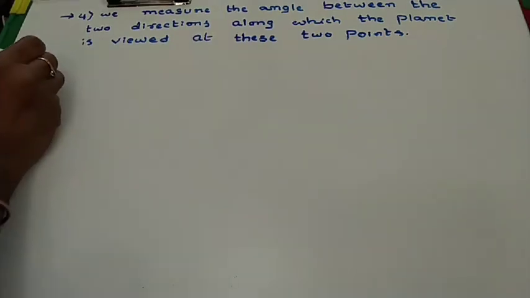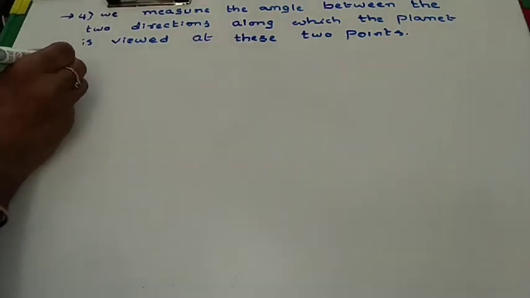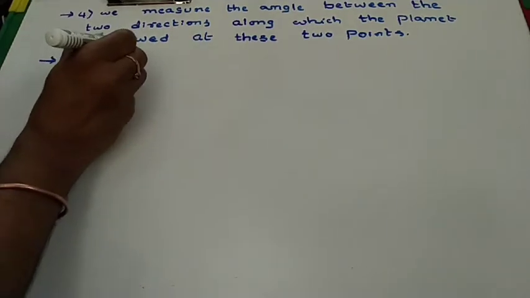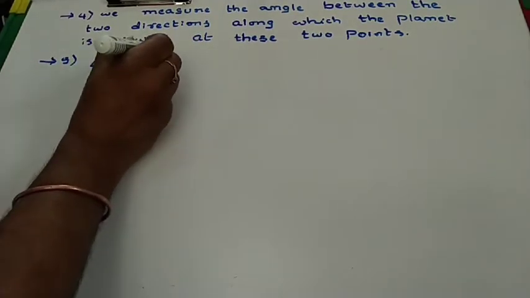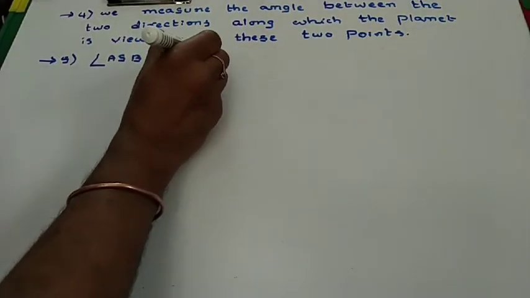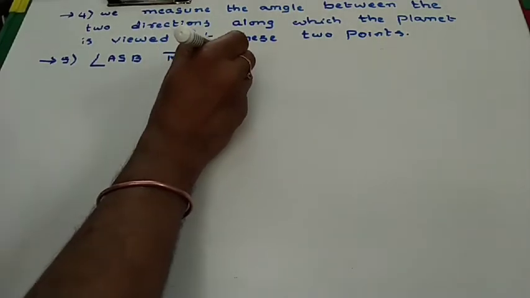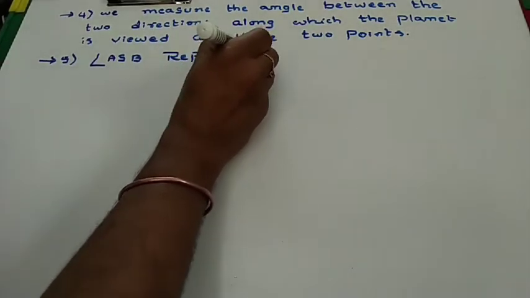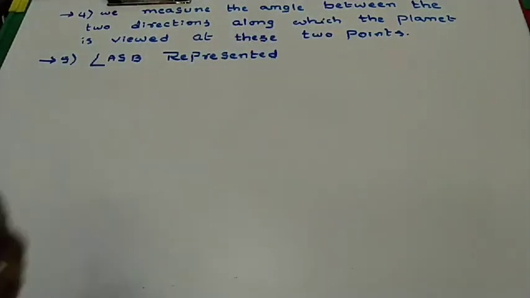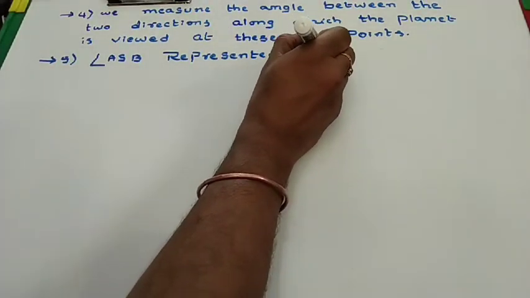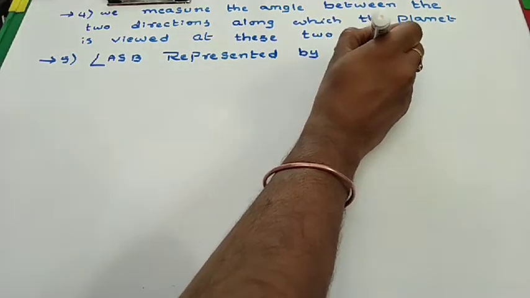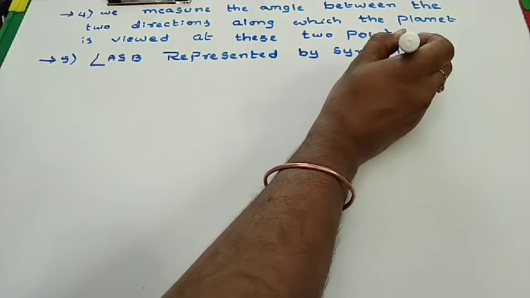Therefore point number 5: angle ASB is represented by the symbol theta.